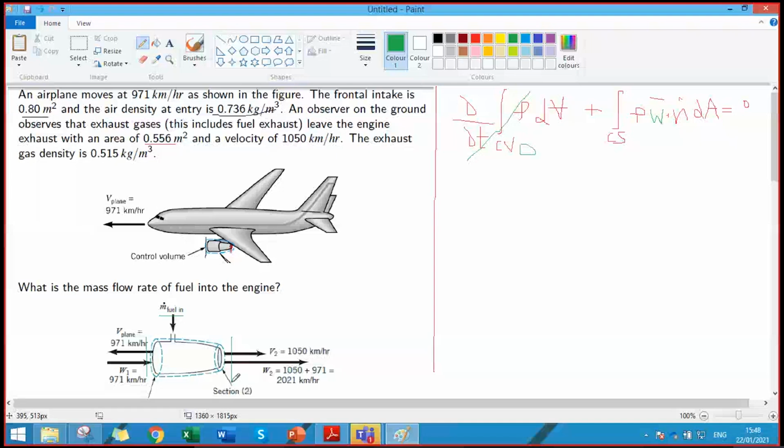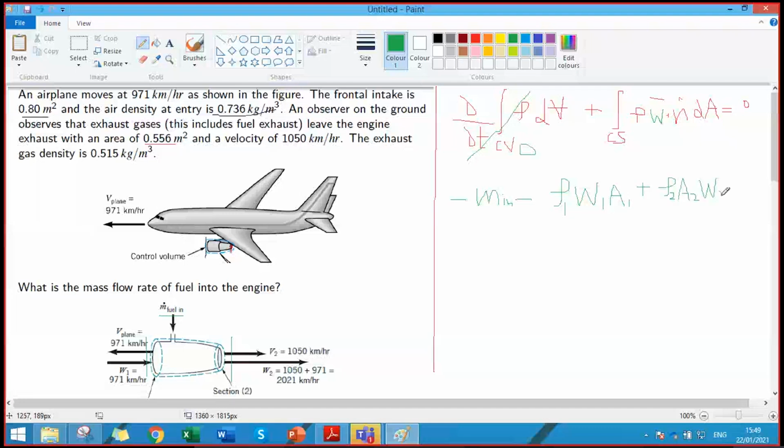So we can write a simplified continuity equation. Because fuel is being taken in, it would be negative: minus m dot of the fuel, minus at section 1 rho 1 W1 A1, plus rho 2 A2 W2 should be equal to 0.